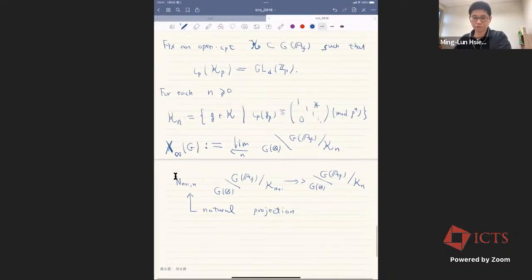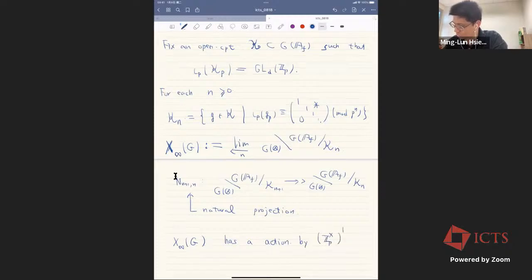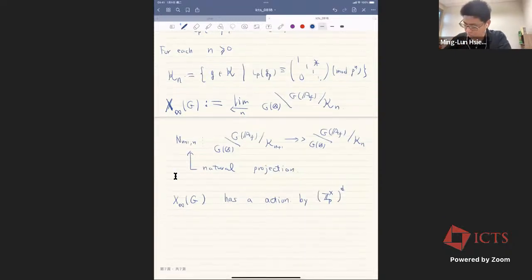So this space has an action by Z_p^× to the D. Namely, you take x and t, and you take multiplication.